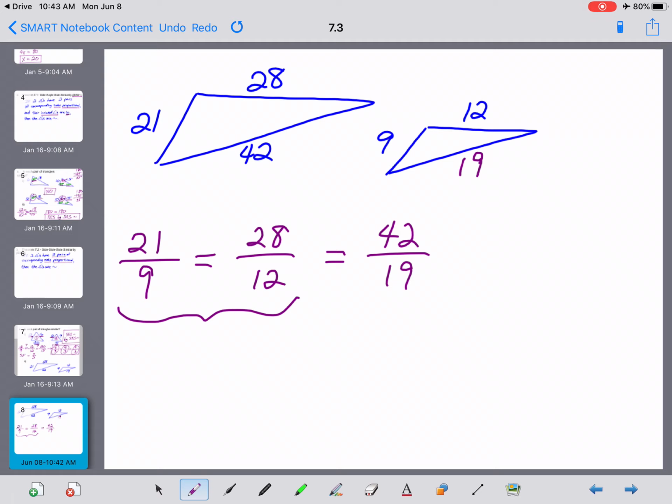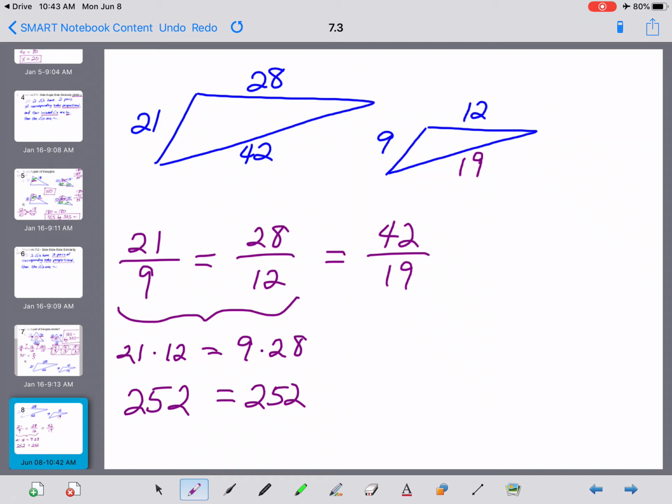I'm going to multiply the 21 by 12, and then the 9 by the 28, and let's just see if that works out. So grabbing my calculator, 21 times 12 gives me a product of 252. The 9 multiplied by 28 gets me a product of 252 as well.